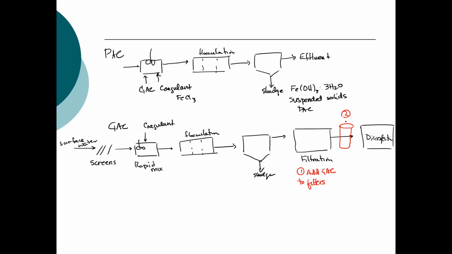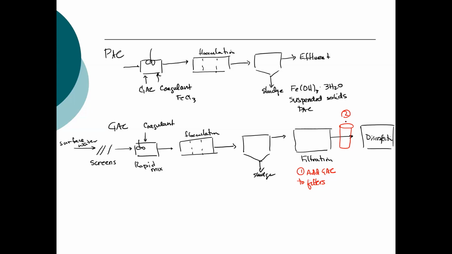So for instance, if naturally occurring organic matter is of concern because of disinfection byproducts, we're going to remove as much of that NOM as we can in the coagulation and sedimentation. And what we can't remove there, we'll remove with the granular activated carbon. Granular activated carbon is expensive, so we want to use it as efficiently as possible.